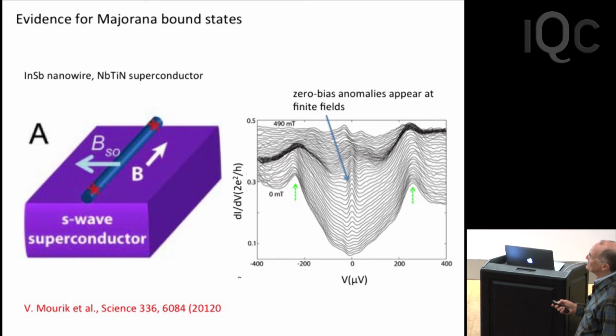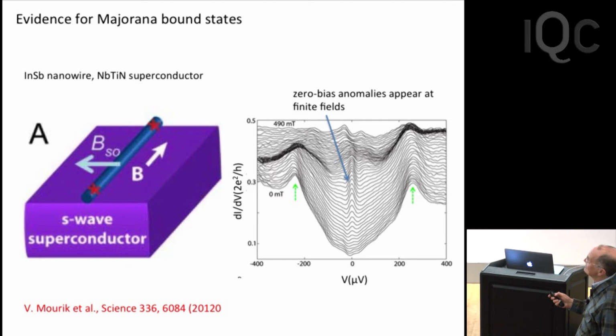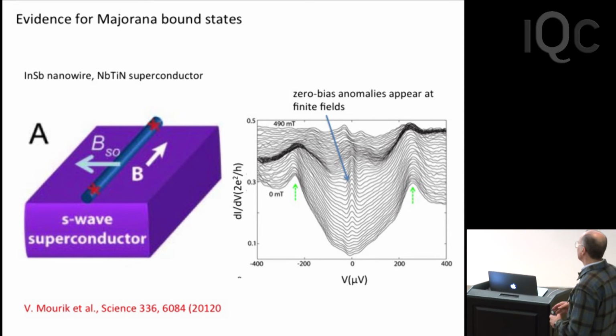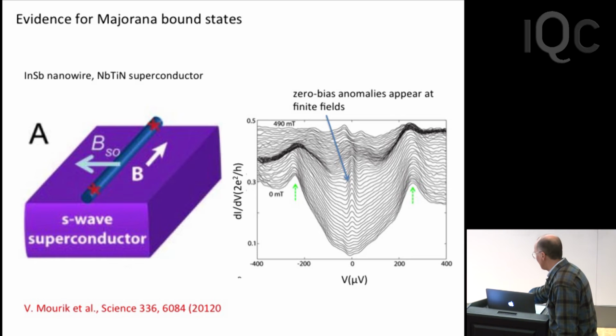If you do those three things, then it's been predicted that you will have a Majorana bound state at the two ends of the nanowire. And in this study here, they looked at tunneling into the nanowire and saw zero bias anomalies appear at finite fields consistent with the predictions for a Majorana bound state.